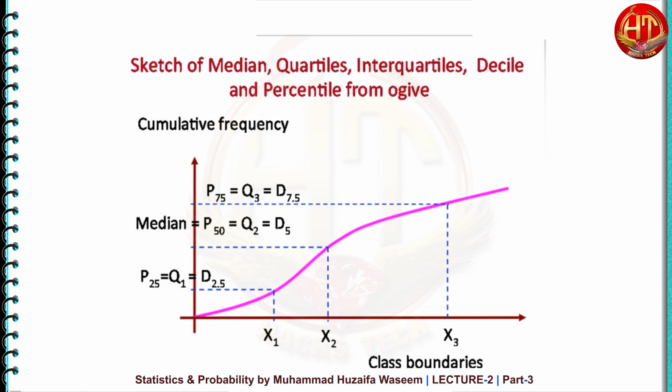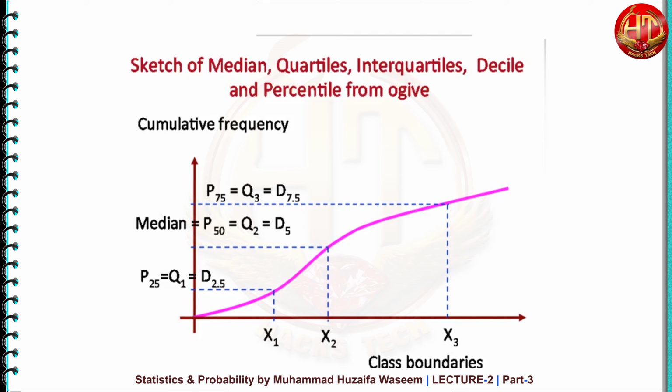Now, sketch of median, quartiles, interquartile, decile, and percentile from the CAH. Okay, so you can see that the class intervals or class boundaries are represented on the horizontal x-axis, and the cumulative frequencies corresponding to different classes are plotted on the vertical y-axis.